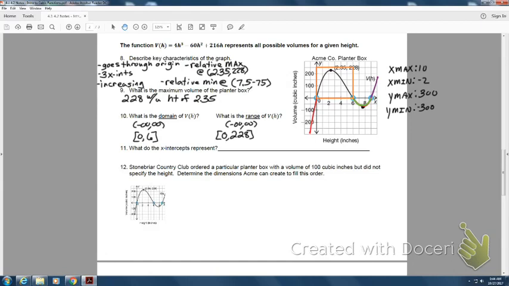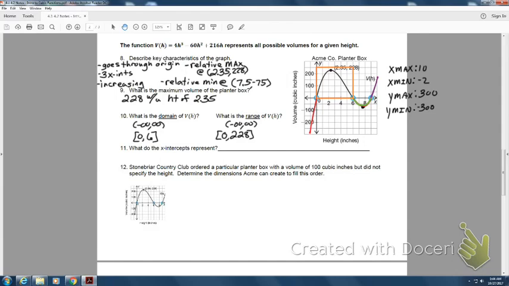What do the x-intercepts represent? And I don't mean when the graph crosses through the x-axis. Within the context of the problem, what do the x-intercepts represent? On an x-intercept, what value is always the same? The y. What is it? 0. On this problem, what does the y represent?